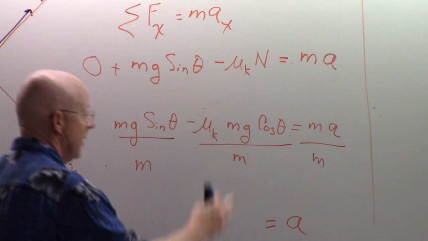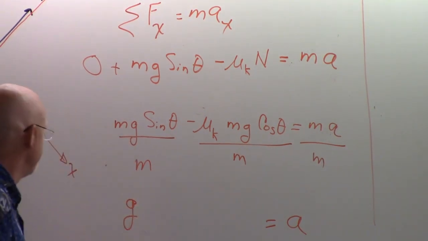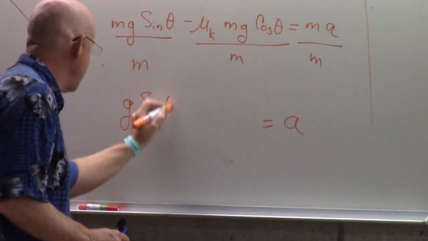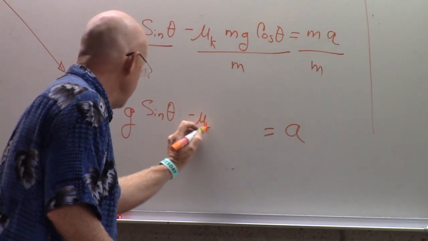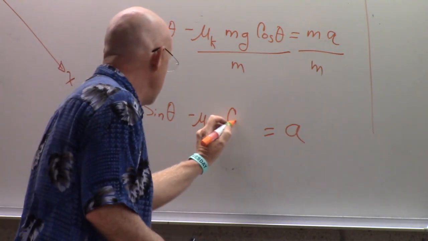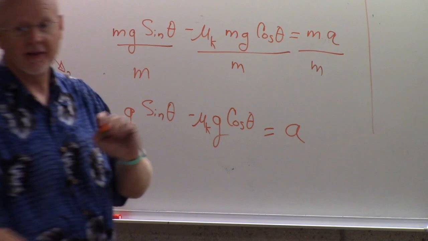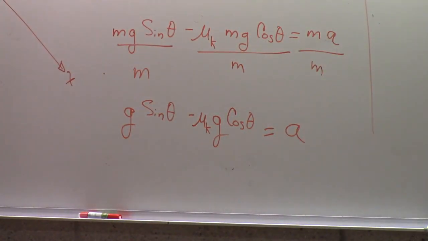A equals g sine theta minus mu k g cosine theta. And I hope that's what they were asking.